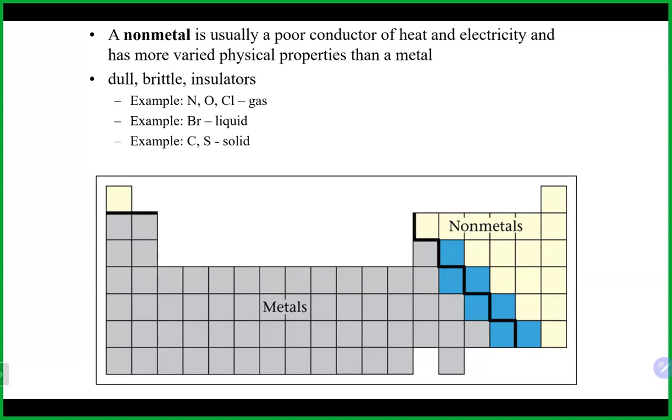And our nonmetals are a lot of those elements, pretty much all of them, that come as diatomic molecules. So if you remember, we talked about hydrogen, nitrogen, oxygen, fluorine, chlorine, bromine, and iodine. All those guys are nonmetals, and all those guys are the ones that come as those diatomic. They come as twos, as we talked about last time.